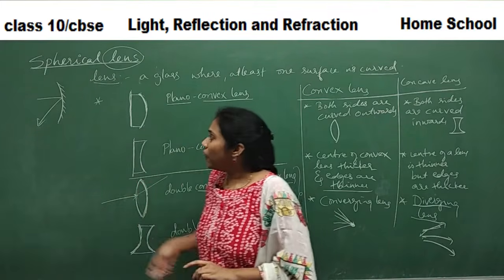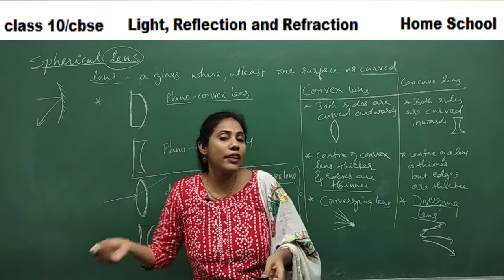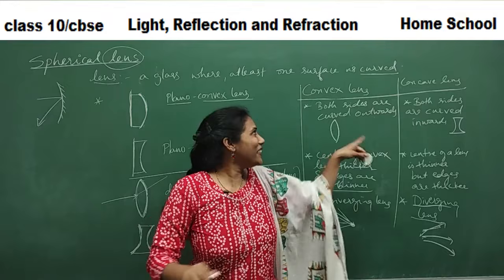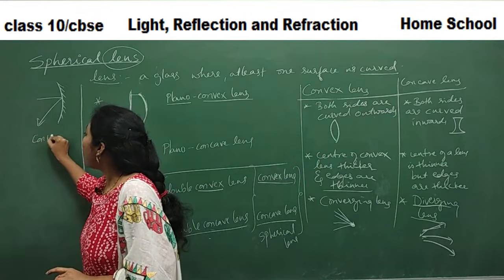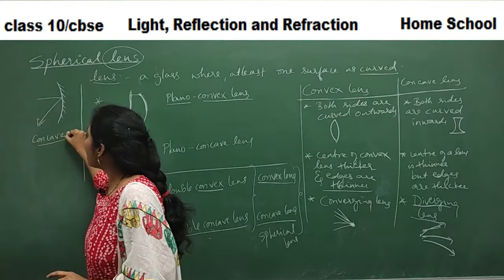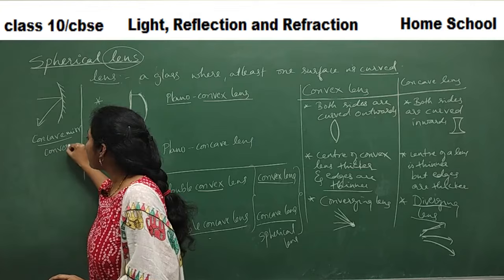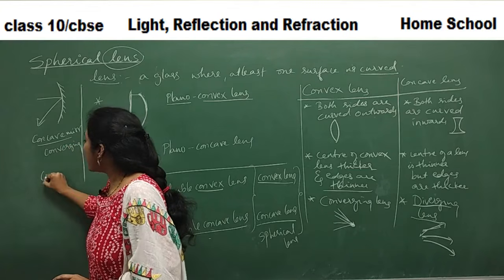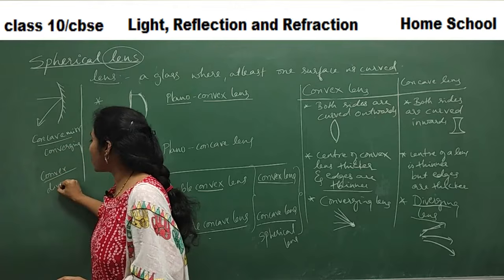Do you remember which mirror is called converging mirror and which mirror was called diverging mirror? Exactly opposite, right? In case of mirrors, concave mirror was called converging mirror. Whereas convex mirror was called diverging mirror.